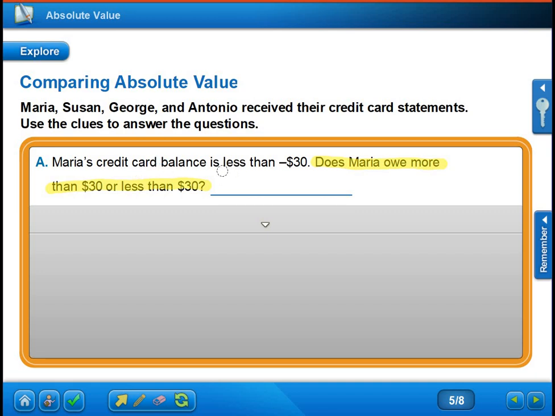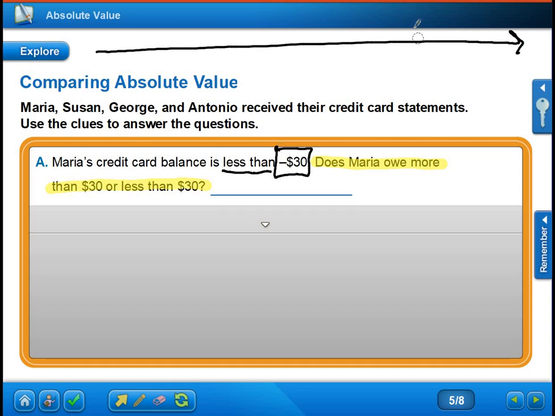We know her credit card balance is less than -30. So if you look at a number line, we have 0, -30. Anything that has a value, in terms of value, of less than -30 is going to be this way. And we know as our numbers go this way, it goes -31, -32.